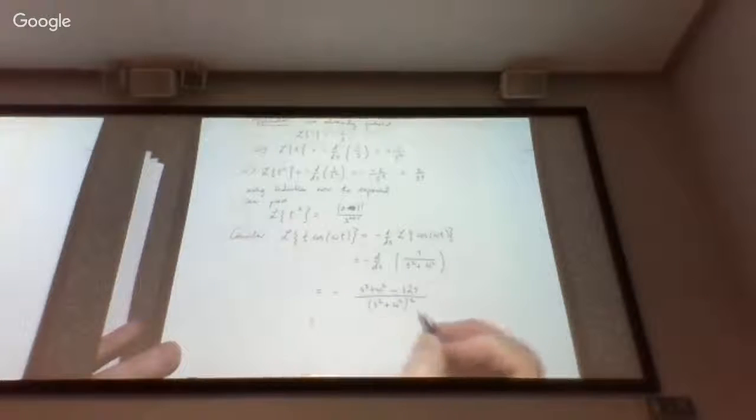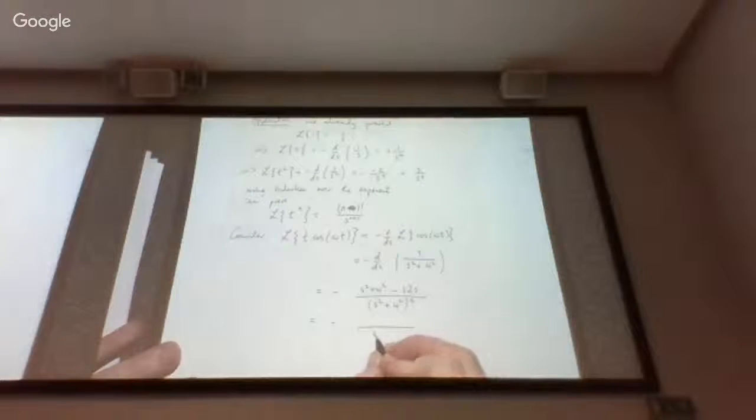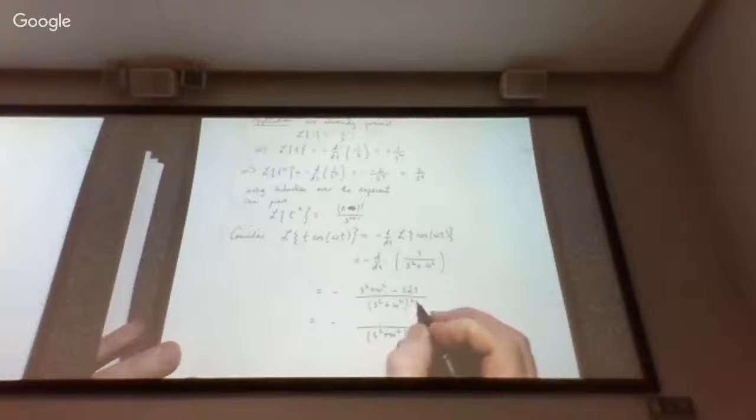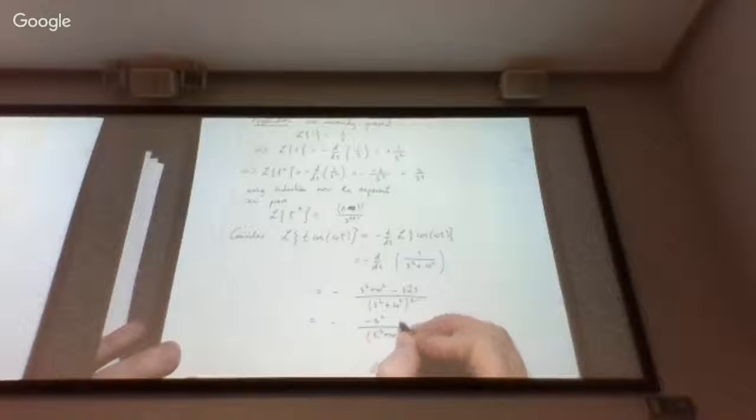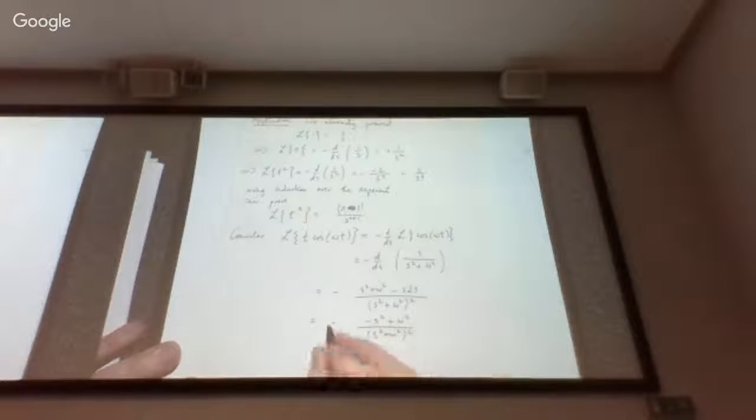So this minus sign at the front is going to turn it into s squared minus omega squared over s squared plus omega squared, all squared.